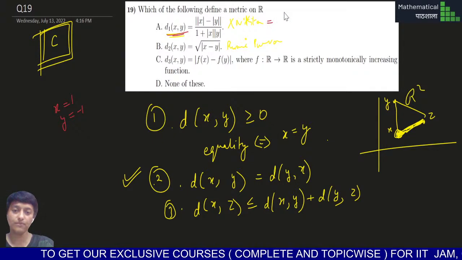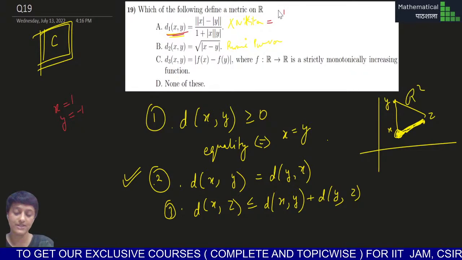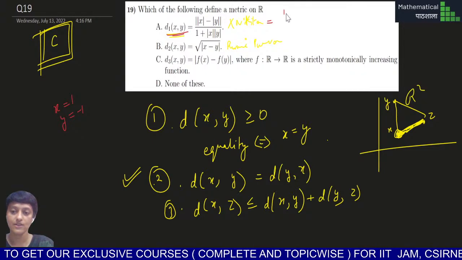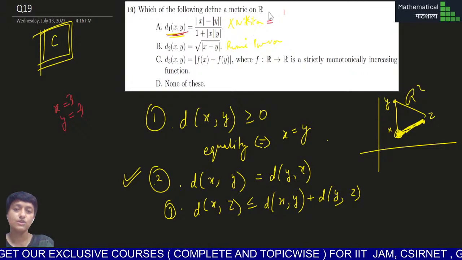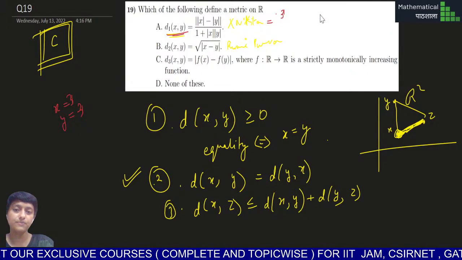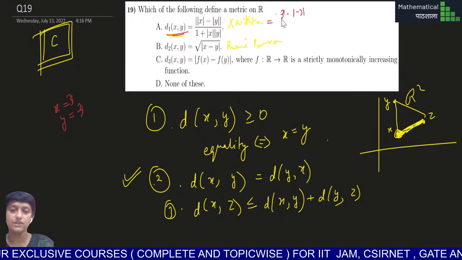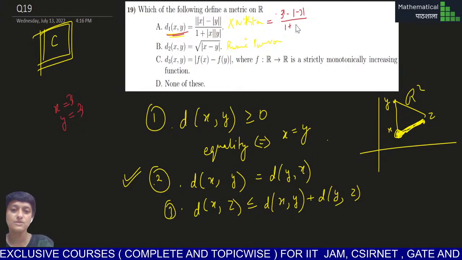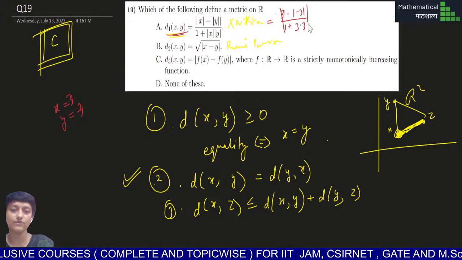d1 of x, y will be 1. Take 3 minus 3, correct. Okay, Nikita said take 3 minus 3, so we will take 3 minus 3. So mod of 3 will be 3 and mod of -3 will again be 3, upon 1 plus 3 times 3, and whole mod of this.